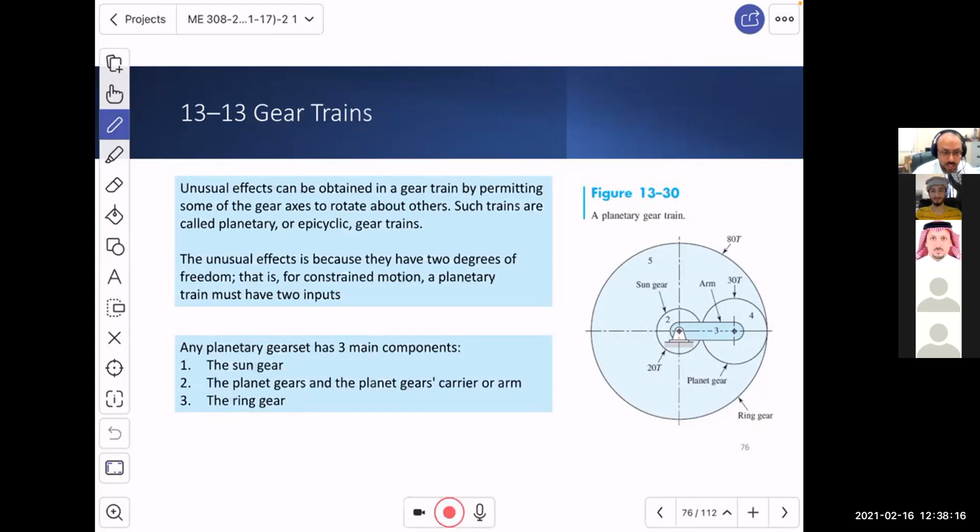We will watch it after the class, inshallah. But this is going to show you how we use planetary gearing to stack multiple ones, which makes it so complex in order to have this fancy automatic gearing in the car.